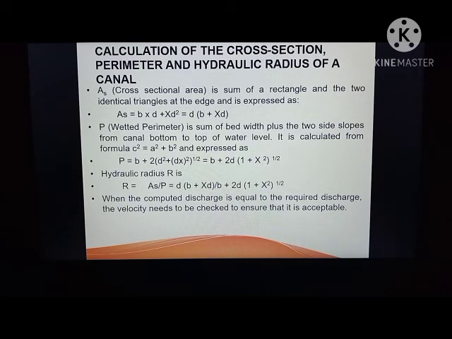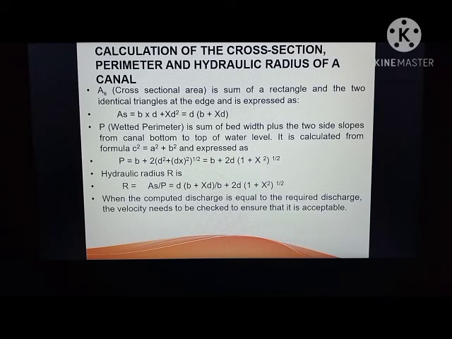P, or the wetted perimeter, is the sum of the bed width plus the two side slopes from the canal bottom up to the top of the water level.